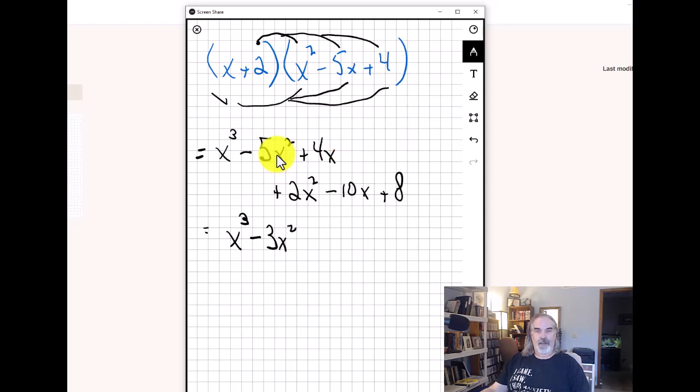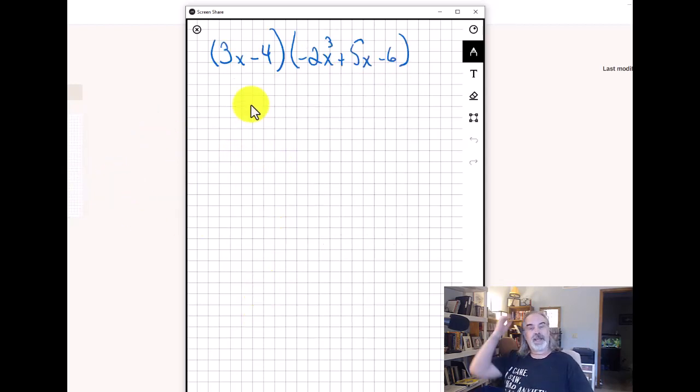Similarly, this 4x has a buddy, the negative 10x, so 4x minus 10x is negative 6x. And this poor lonely 8 has nothing to add to, so we get 8. Now we've taken that product and reduced it by combining like terms, and we are done. That's it. This is more organization than it is anything else.